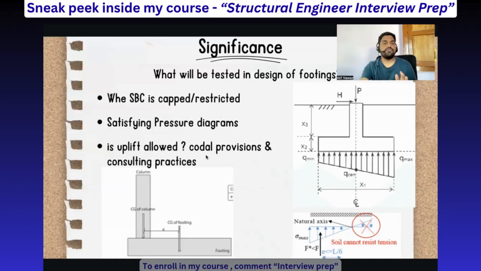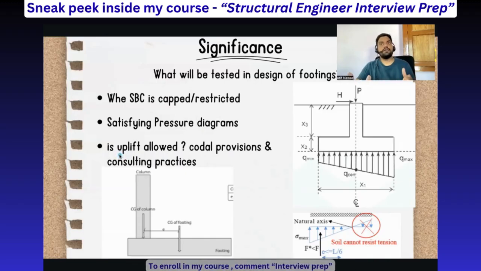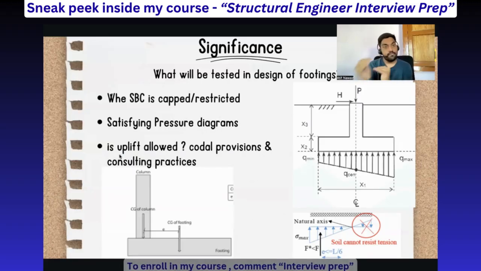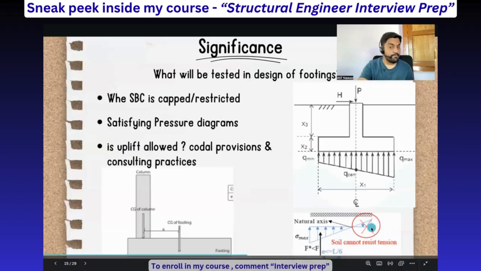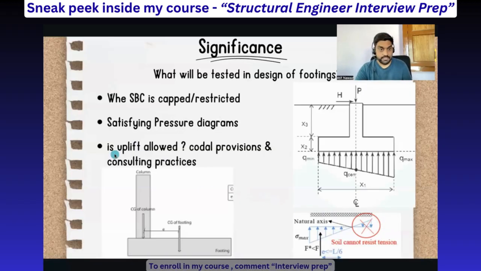But in a lot of cases there will be situations when you cannot comply 100% with the code. In such cases, consulting practice means how the design process is generally followed in the industry, whether say 10% uplift or 10% loss of contact is allowed. This is the consulting practice.